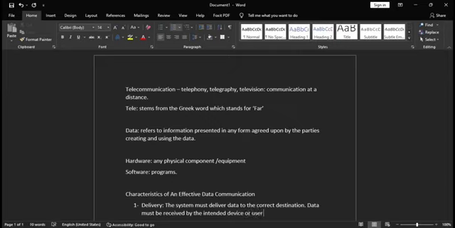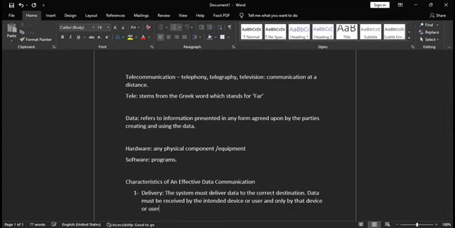And only by that device or user. So basically what we are saying here is that for there to be an effective data communication, whatever is being transmitted from one device to another, or from one person to another, must be delivered to that person alone, to that device that it is being sent to.